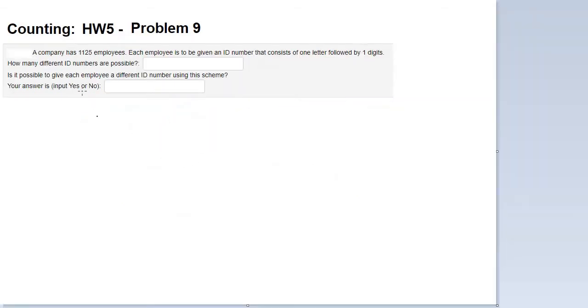Problem number 9. A company has 1,125 employees. Each employee is to be given an ID number that consists of 1 letter followed by 1 digit. So we have 2 coordinates, 1 letter and 1 digit. How many different ID numbers are possible?